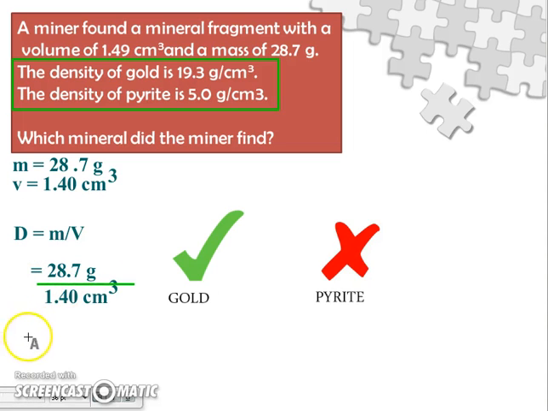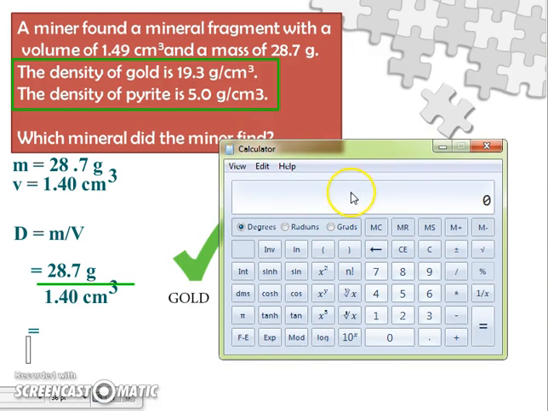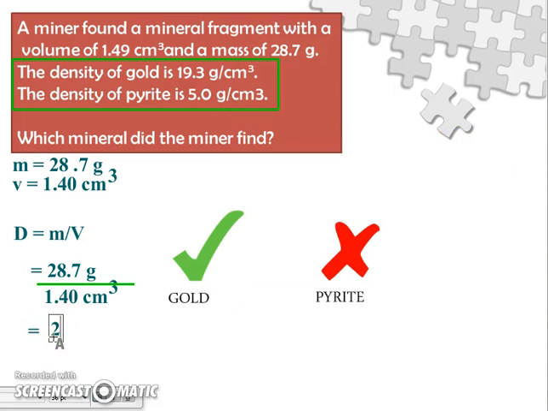And I did not actually do this ahead of time, so I need to sneak out my calculator here. It's using up my precious time to open it. Okay, taking a look, we have 28.7 divided by 1.4, and I get 20.5. 20.5 grams per cubic centimeter.